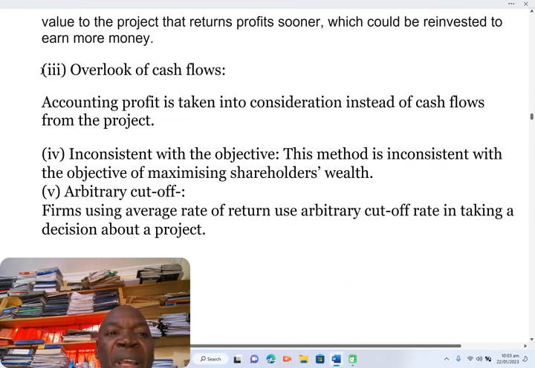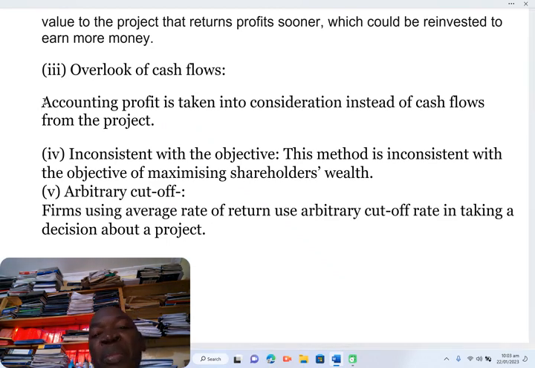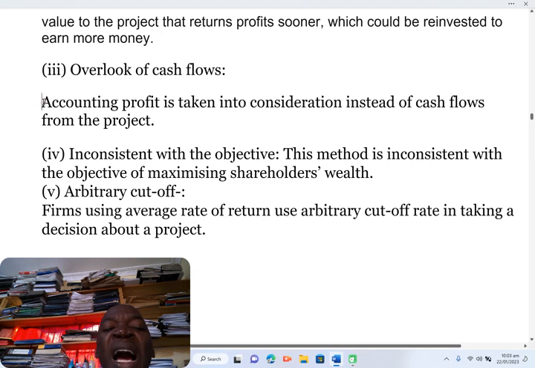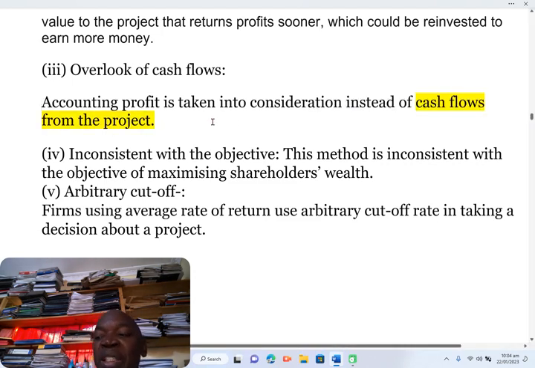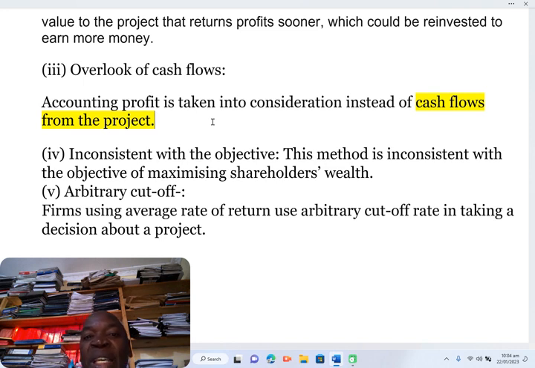Number 3, in this method, accounting profit is taken into consideration instead of cash flow from the project. So it only considers accounting profit, but does not consider incidental cash flow from the project. So it may happen that some cash flows which have been included are not relevant to the project itself, and once you implement the project, you get problems in achieving the objective.